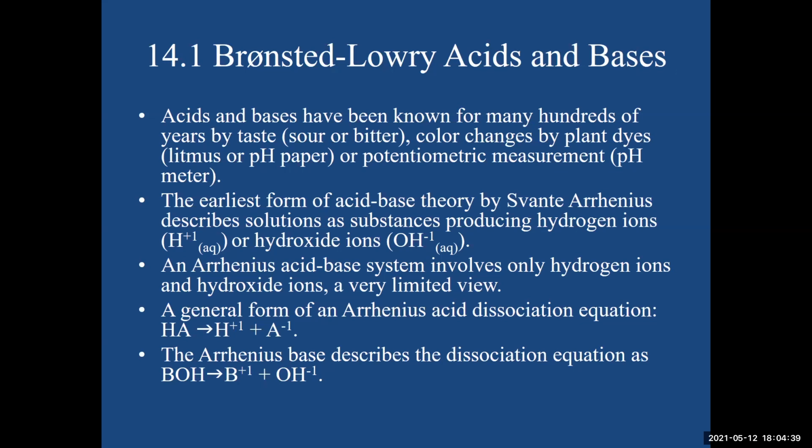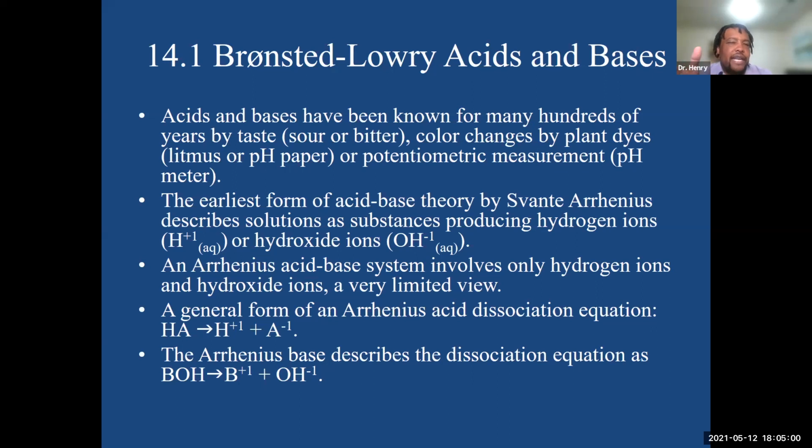Okay, we've been talking about acids and bases for a while, and how we define them, and we're going to define it a little bit further. We always said that acids are proton donors. There's a guy named Arrhenius.